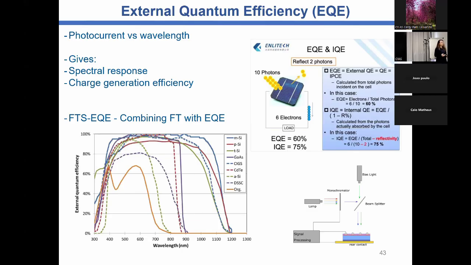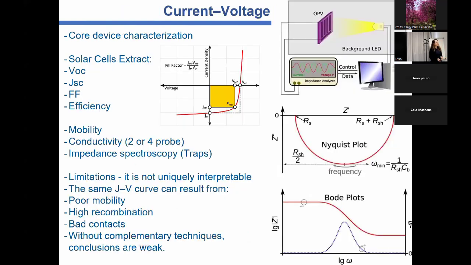So for instance, to probe charge transfer states, it's quite nice to see the energy of this quantum, this charge transfer state. Here is the example of the experiment setup. I'll just go quickly because of the time.